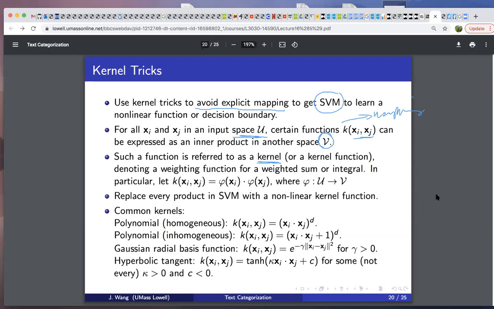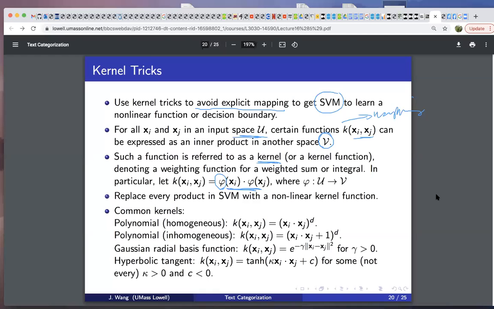So the easiest way to do it is I figure out some kind of mapping here. This mapping maps a vector of your current space to a vector in another space, and then we take an inner product. So that is a kernel function we use often.